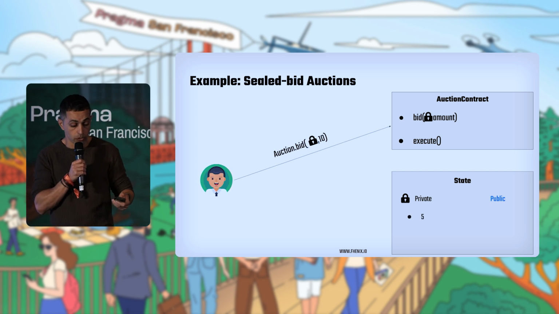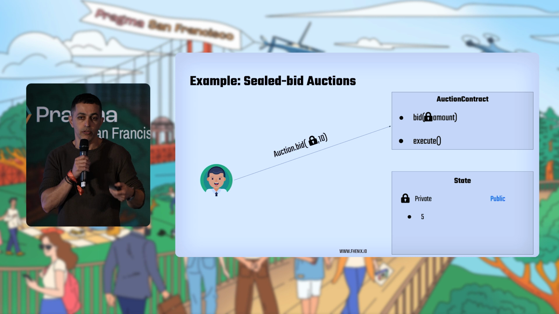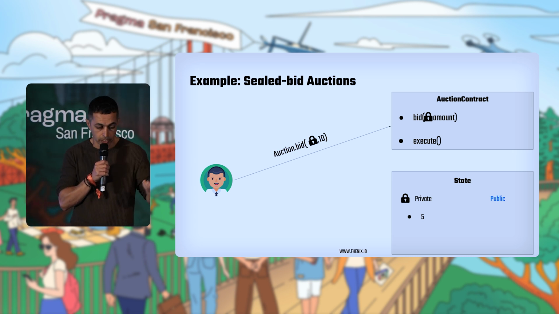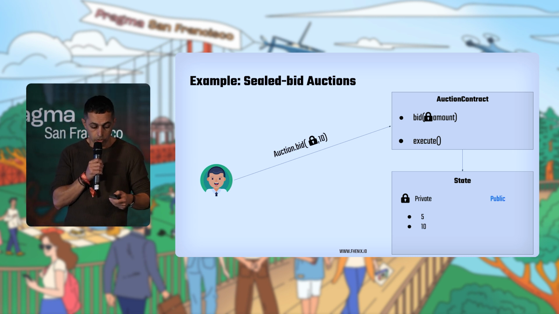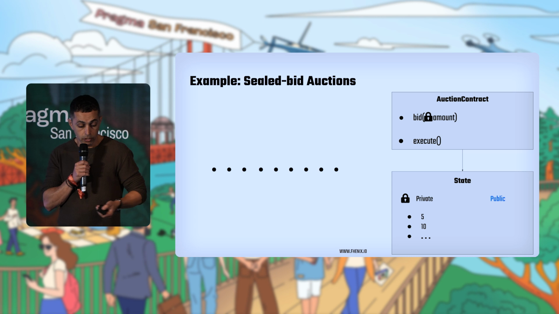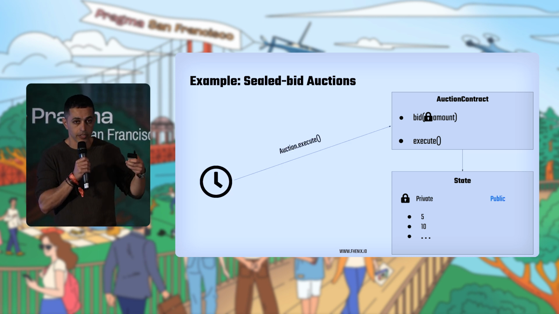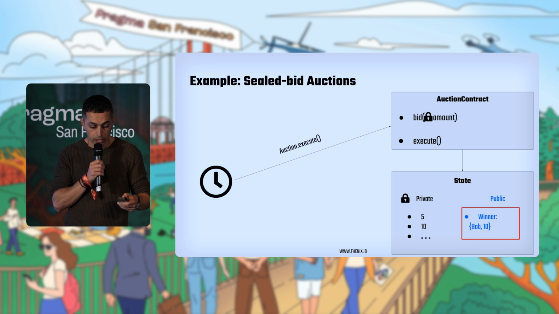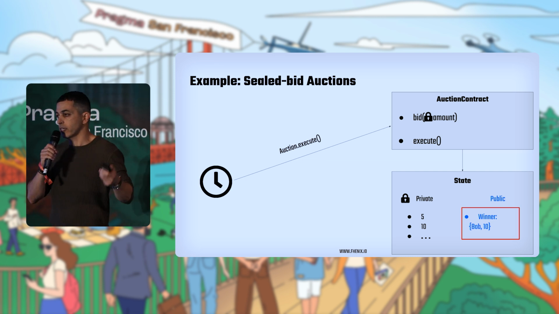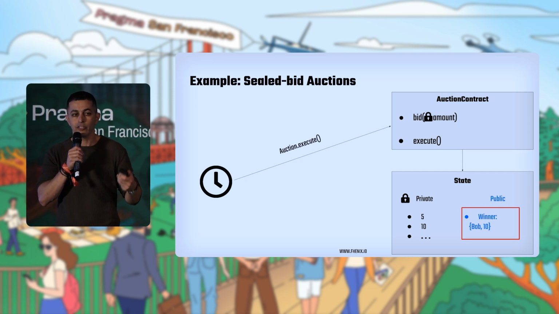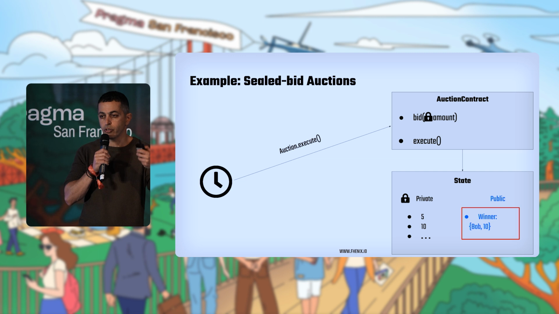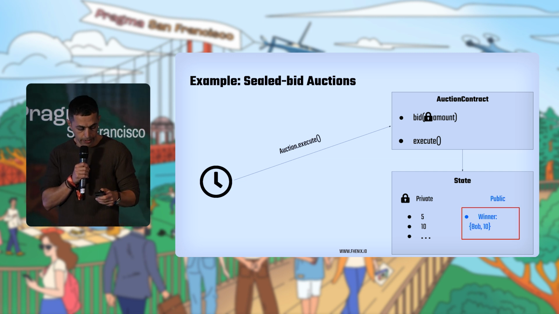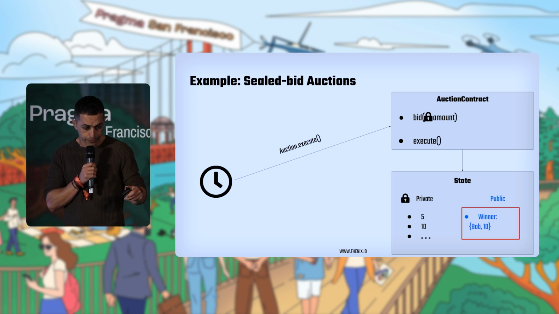Bob can't see what Alice bid, so he'll bid his offer. In our case, it will be 10 ETH, and so on and so forth. And when the contract time is done and it's being executed, there is a computation that's going to be done, and the winner will be announced publicly, and that's how the higher bidder gets to win.